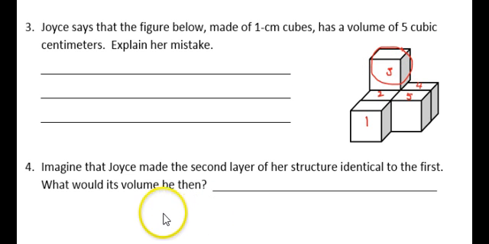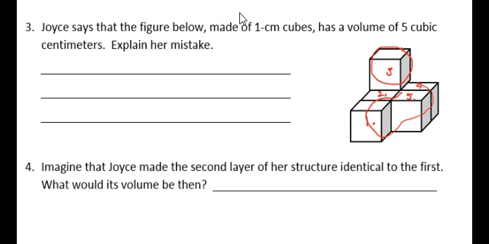And the second part of the question says, imagine that Joyce made the second layer of her structure identical to the first. What would its volume be? Meaning, if we picture this first layer, which is actually 5 cubes, 1, 2, the cube that's under cube 3 would be a third cube, 4, 5.